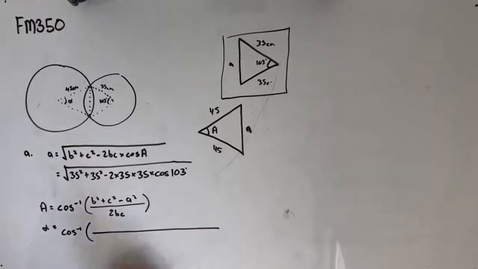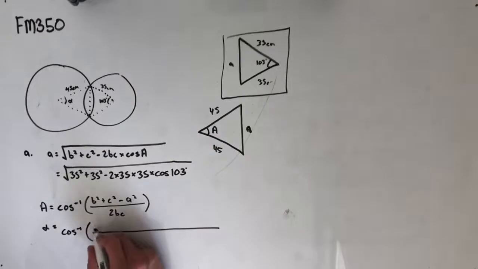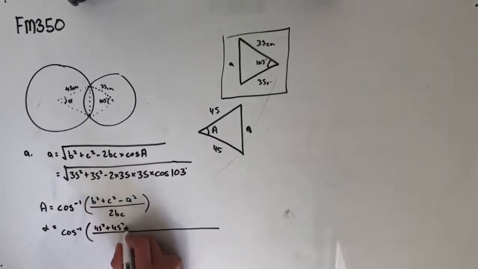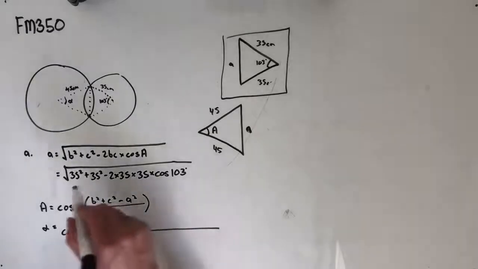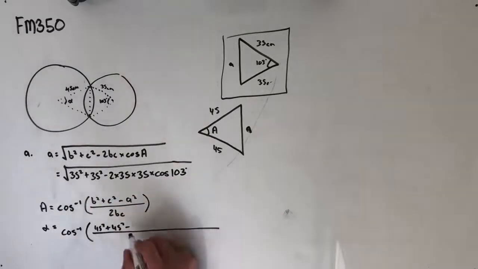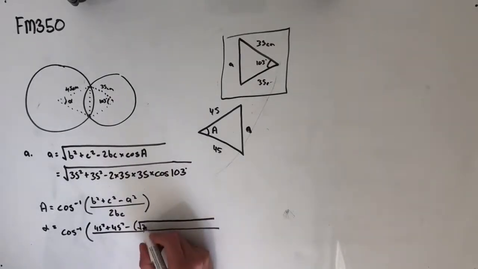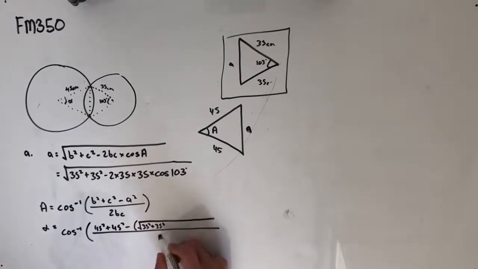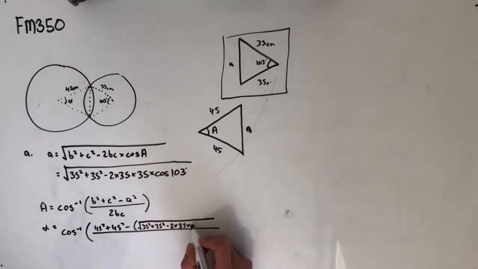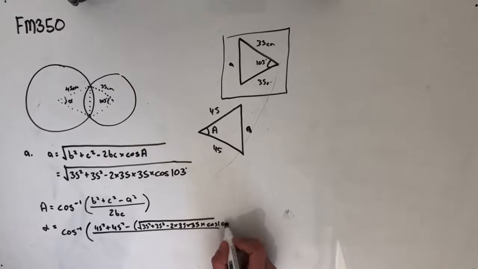but in this scenario, b is going to be one of these 45s, so 45 squared plus 45 squared minus, and now we're going to insert the value of a that we found before and square it. So I'm going to open a bracket here and then try and put this expression in. So we've got 35 squared plus 35 squared minus 2 times 35 times 35 times cos of 103.